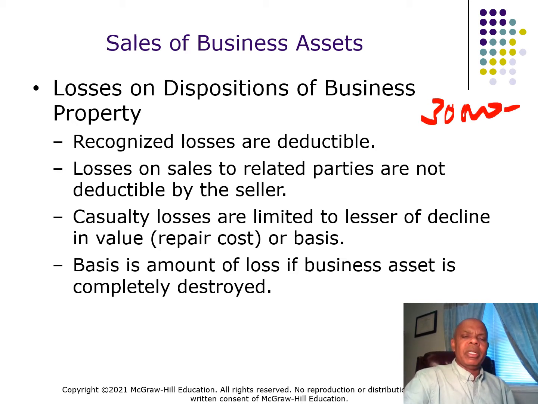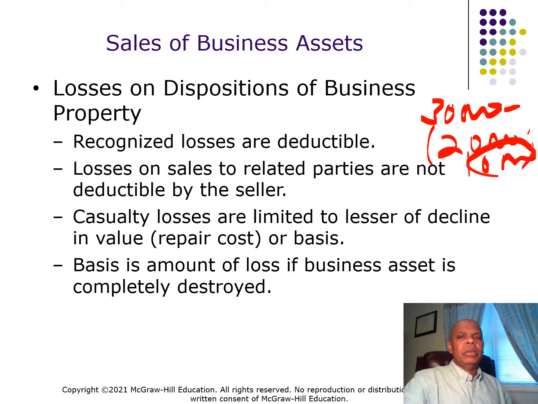Your original historical cost, how much you paid for it, minus the accumulated depreciation so far, gets you the book value. If the book value is 30,000 and you sell it for 20,000, you get a $10,000 loss, right? Recognized losses are deductible.